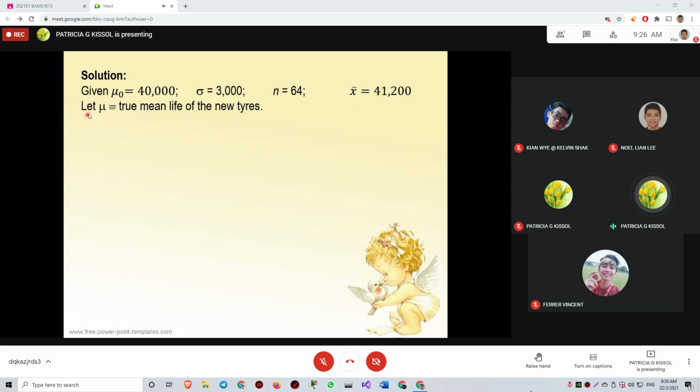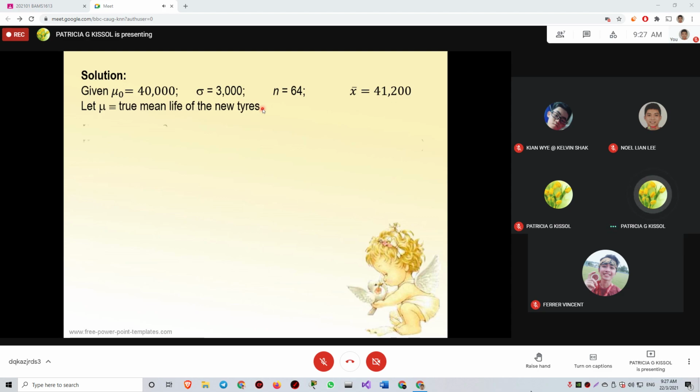This is about the mean, equivalent to the true mean life of the new tires. That is what we want to check, to determine whether the claim is true or not. Is it really showing a significantly better product?